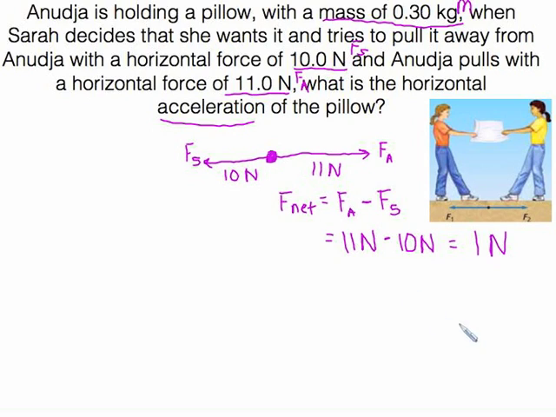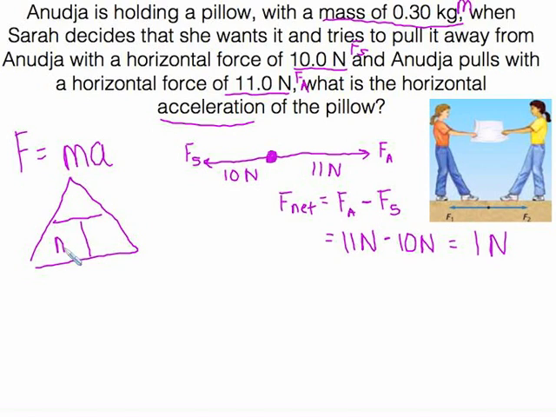Okay, your formula for this one is F equals ma, and we want the acceleration, so I'm going to put this formula in the triangle. I'm going to put my mass here, my acceleration here, and my force up here.